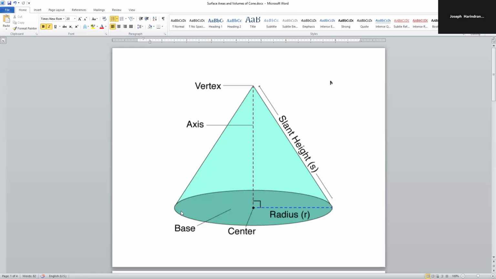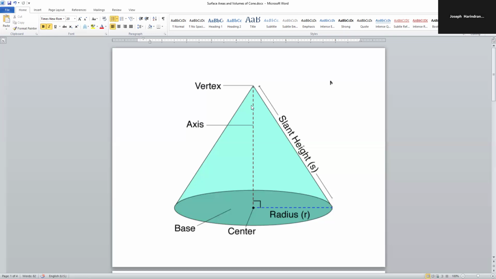But we will consider only a right circular cone, as it is in the 9th standard secondary grade syllabus of the CBSE. So we'll be dealing with a right circular cone in which the axis is perpendicular to the base.